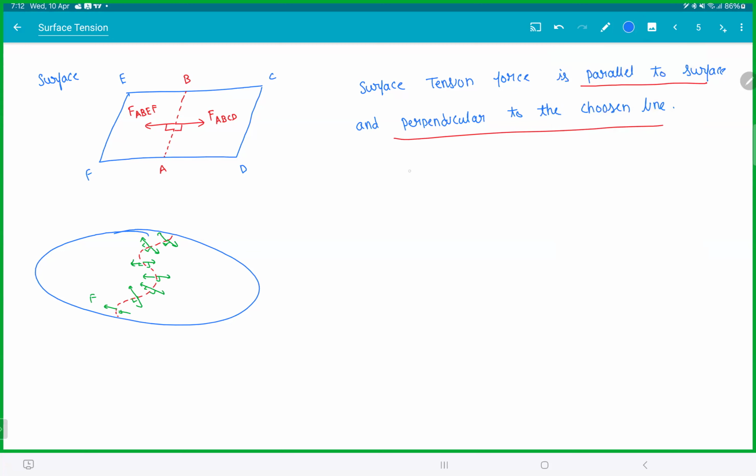So this force is proportional to the length of the line. The proportionality constant is given by S. So we get the surface tension is defined as force per unit length. This S is a proportionality constant.